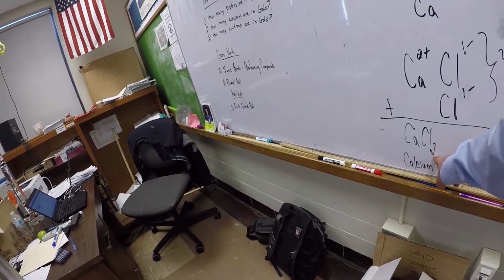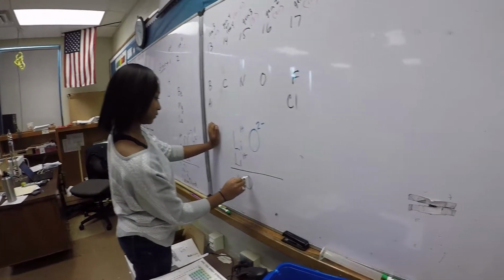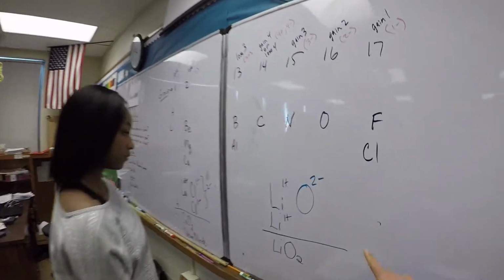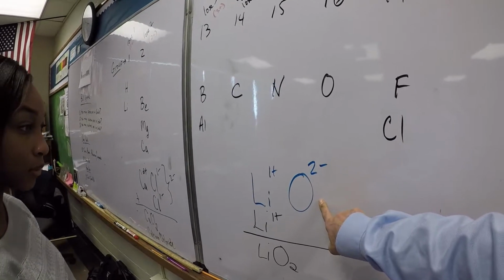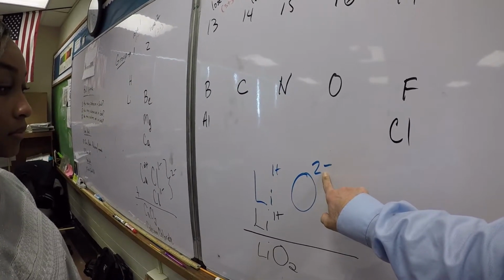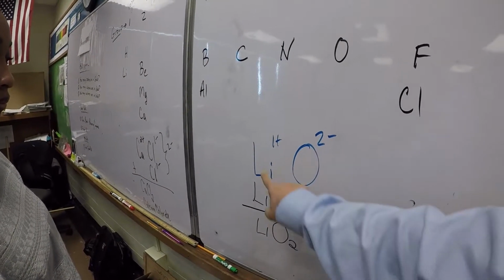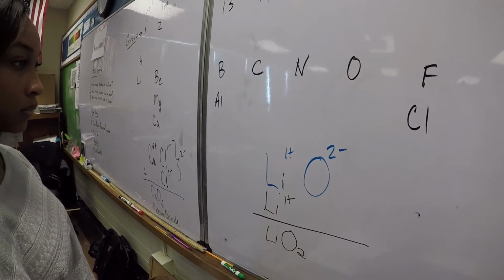This number right here is called a subscript. Now, if you look here, how many oxygens do you see? No, that's the charge. It's 2 negative. So you have 1. So you don't want 2 there. You have 2 lithiums here, right?